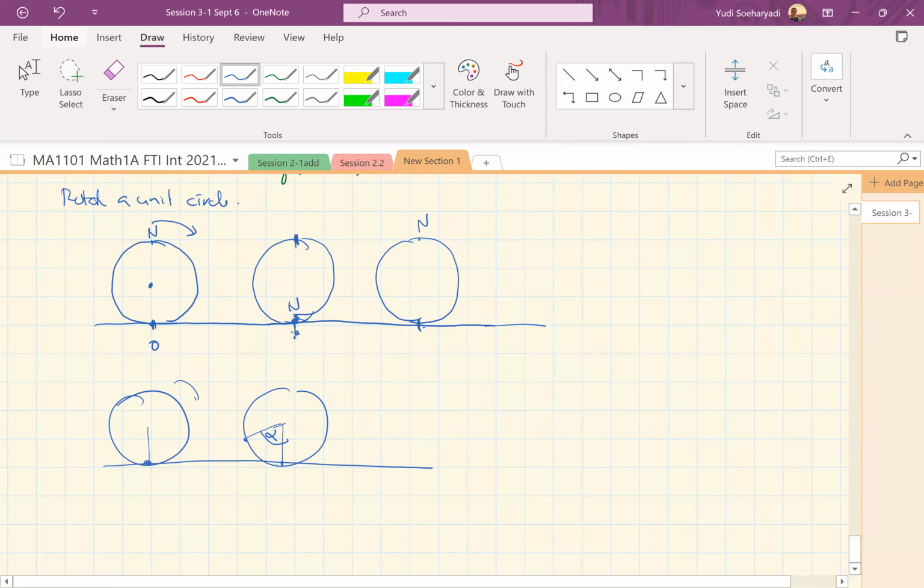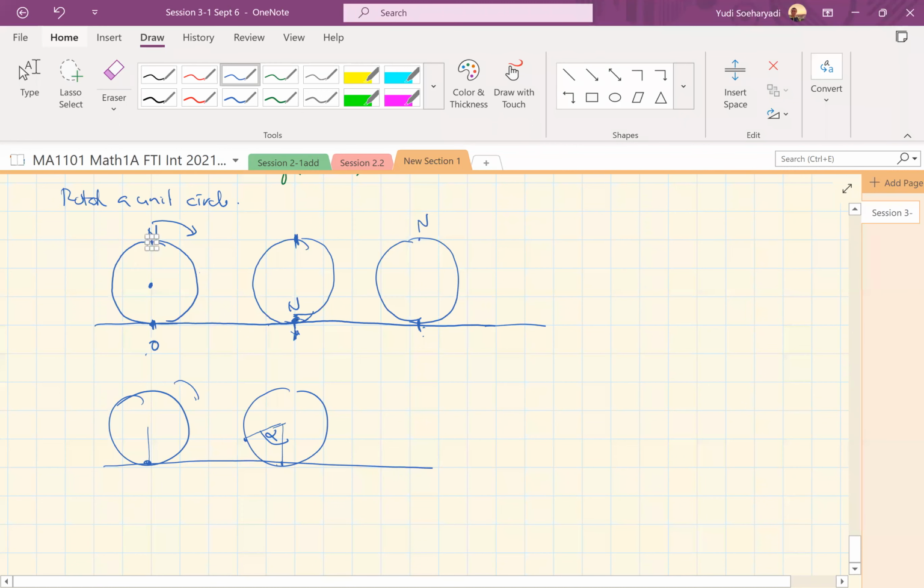What's the distance between 0 and this point here? While you rotate, it goes to here.